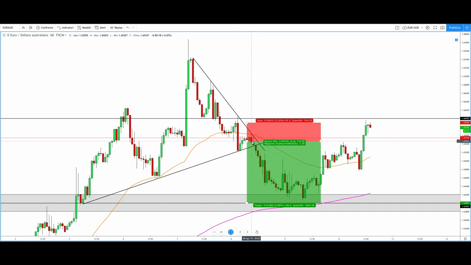We take this short trade after the closing of this bearish engulfing candle.